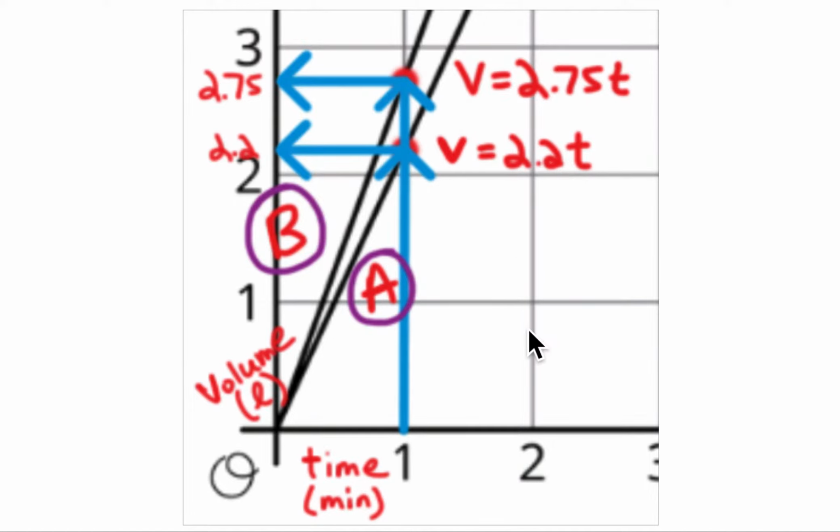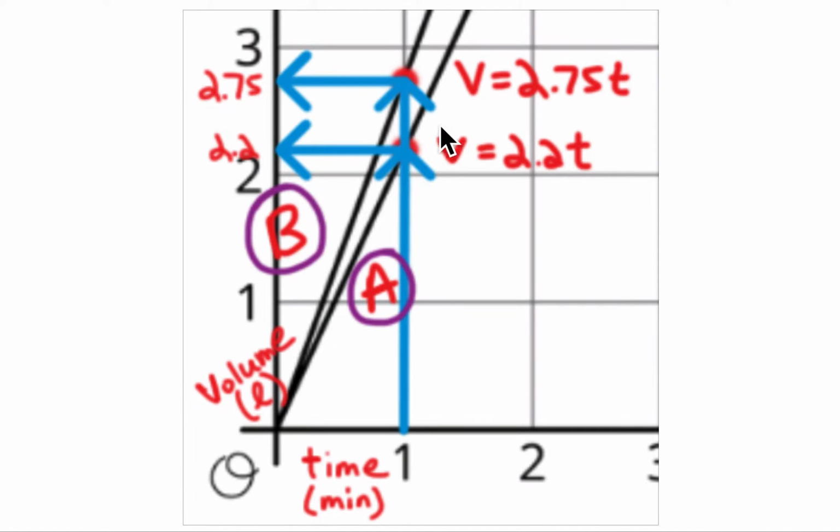If I go out to 2 minutes, this is going to go up to 4 4/10. 3 minutes is going to be 3 times 2 2/10, or 6 6/10. 4 is 8 8/10. So for every minute, it fills 2 2/10 liters.